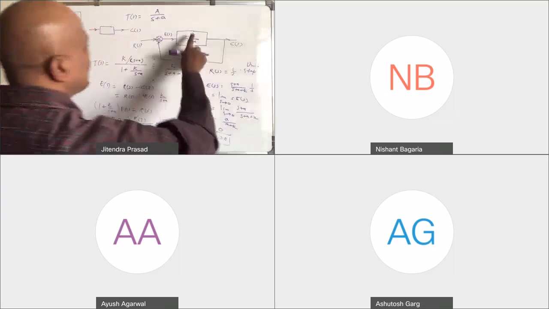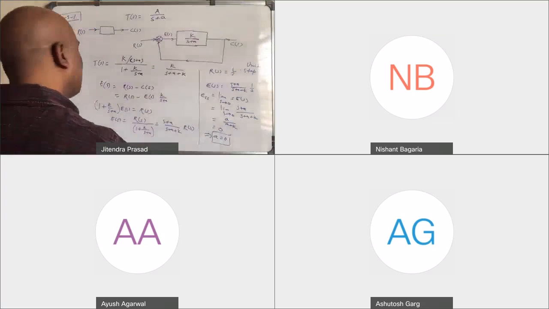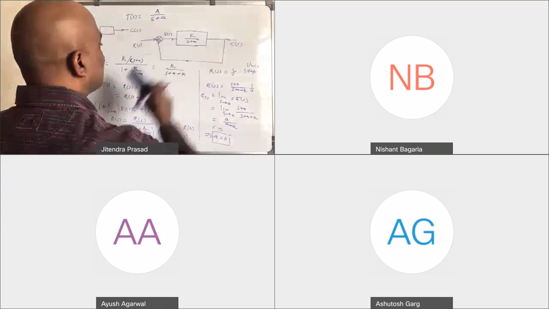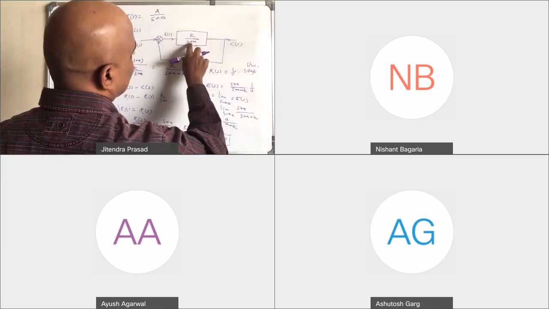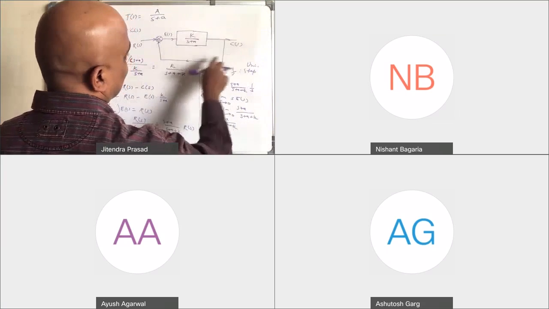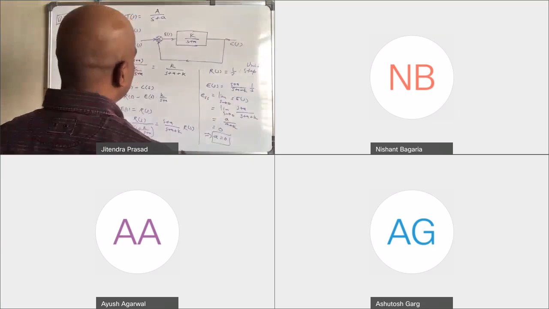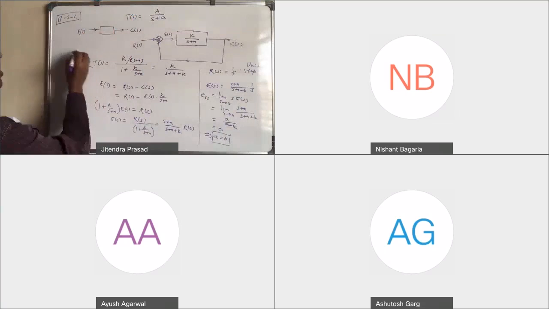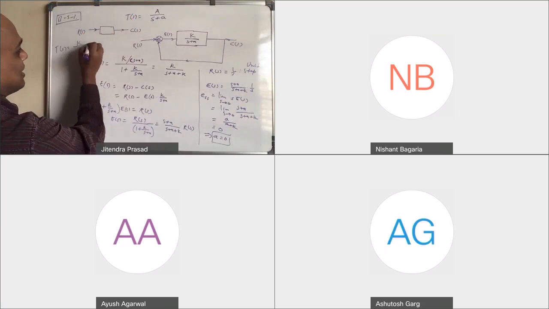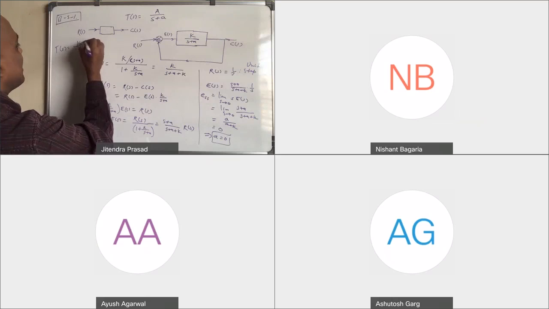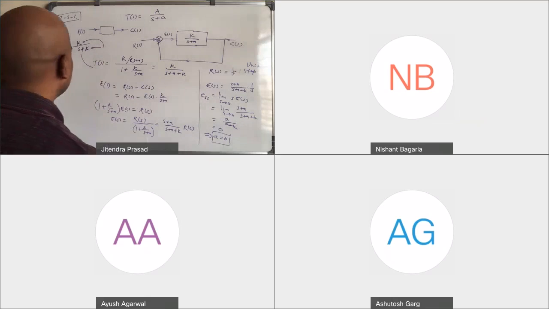Right? So in this setup, a good thermometer will have K over s only. Right? There is no a term there. So automatically, in that case, the transfer function of a thermometer, you can say, will be equal to K over s plus K. Yeah, so automatically whatever value you have here should match, should be the same.